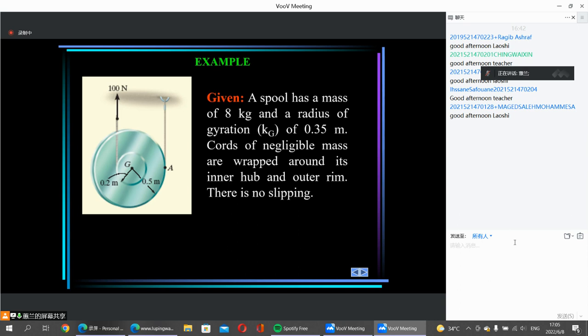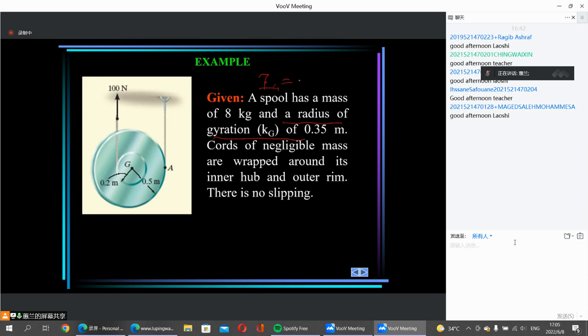A spool has a mass of 8 kg and a radius of gyration. And we know what radius of gyration means. If the radius of gyration is given, the mass moment of inertia should be very easy to calculate, right?